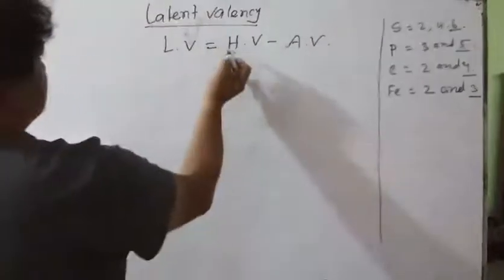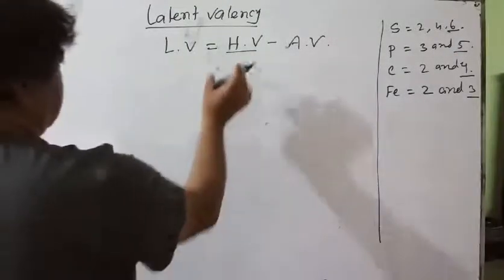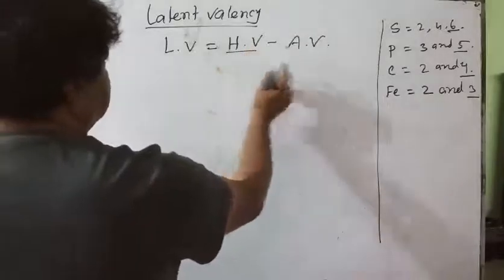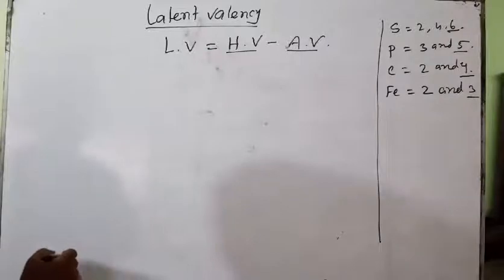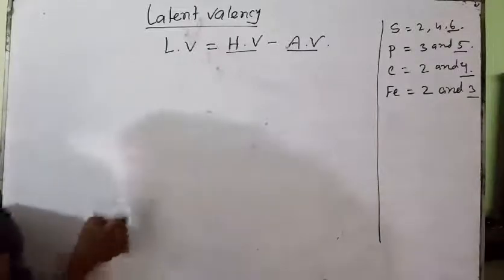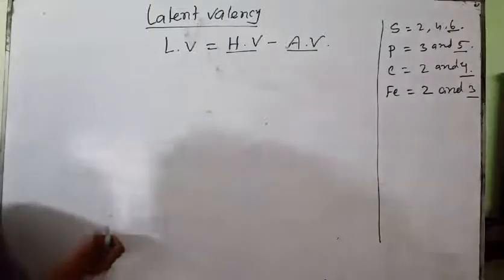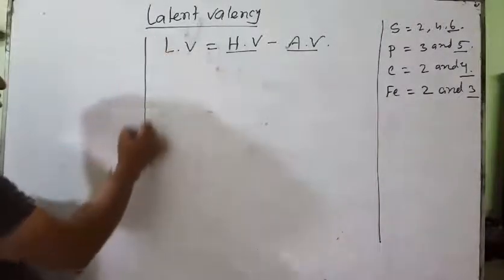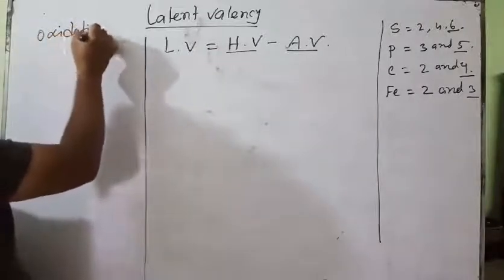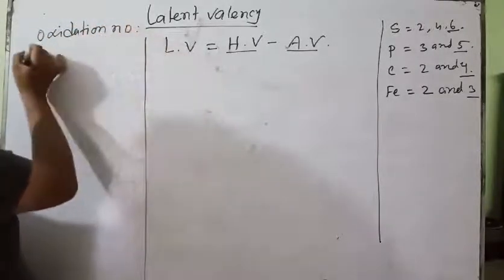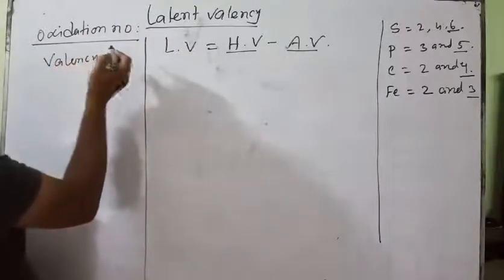Now for any element in a compound, we already know the highest valency, but how do we find out the active valency of an element? To find out the active valency, we have to know the oxidation number. Oxidation number and valency have different meanings.